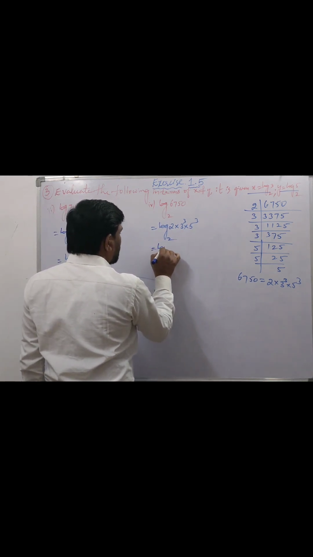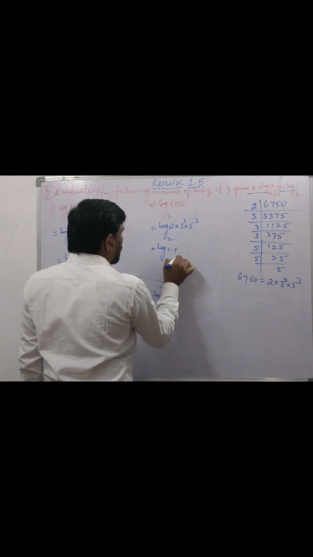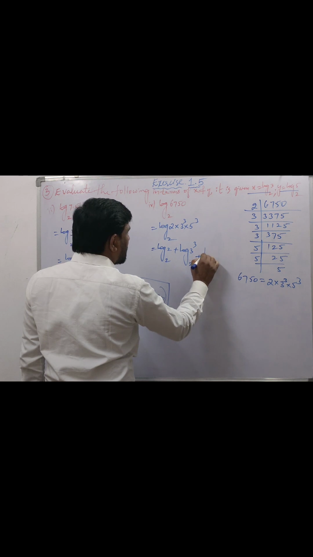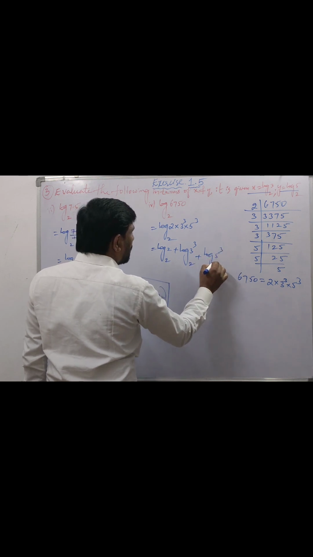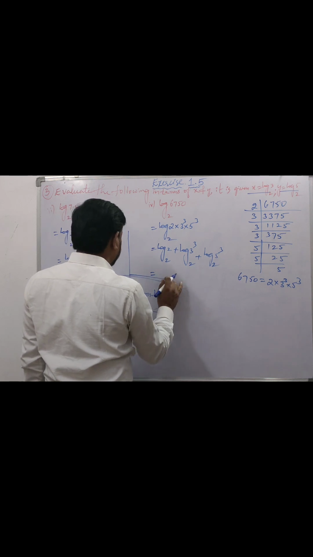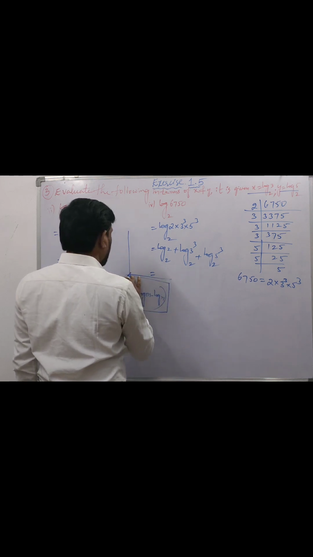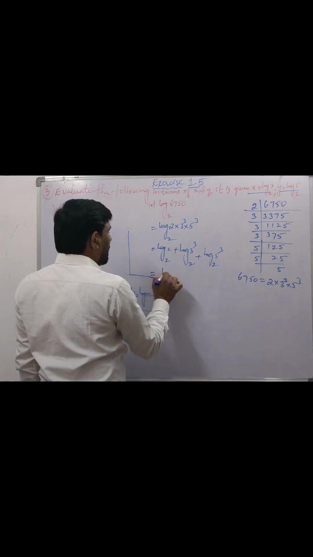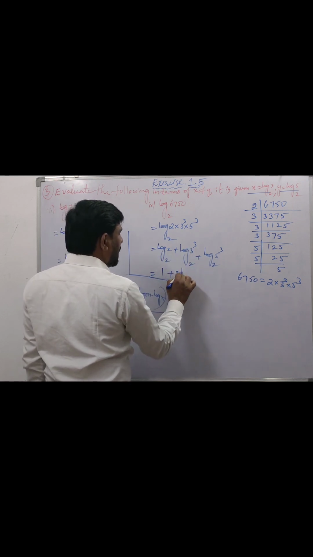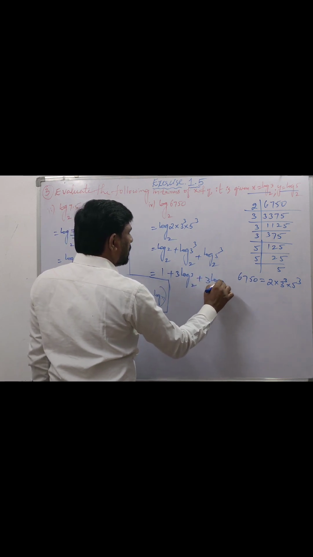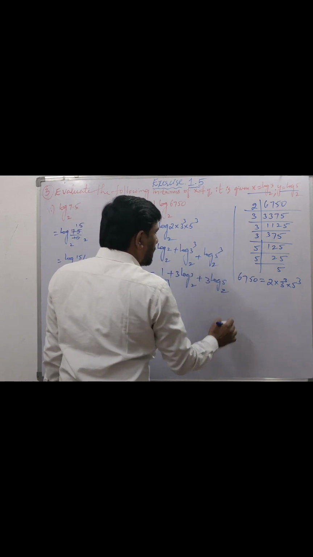You can expand this also: log 2 to the base 2 plus log 3 cube to the base 2 plus log 5 cube to the base 2. Now it can be written as 1 plus 3 log 3 to the base 2, plus 3 log 5 to the base 2. Right?